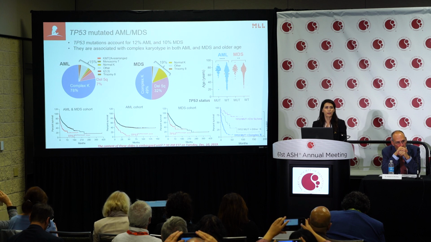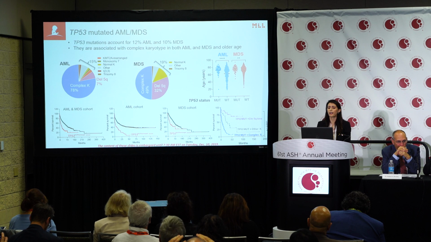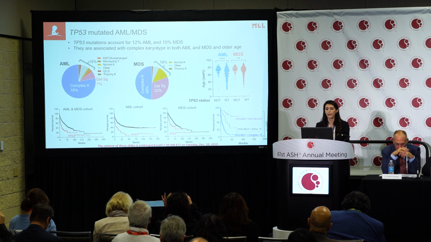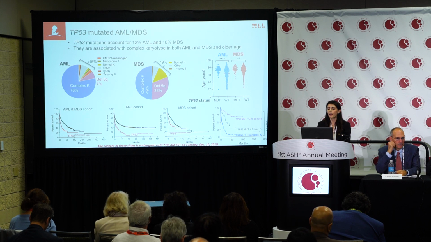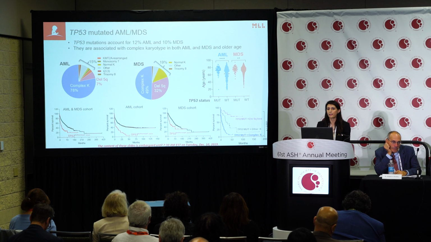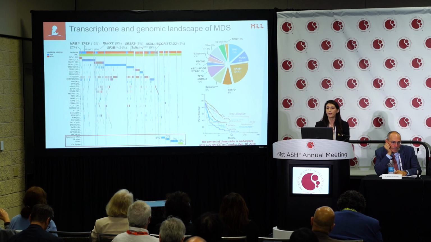This group was also characterized by TP53 mutations. They overall accounted for 12% of AML and 10% of MDS. They are associated with complex karyotype and with older age, and they definitely confer a poor outcome, even worse when they occur in patients with complex karyotype.